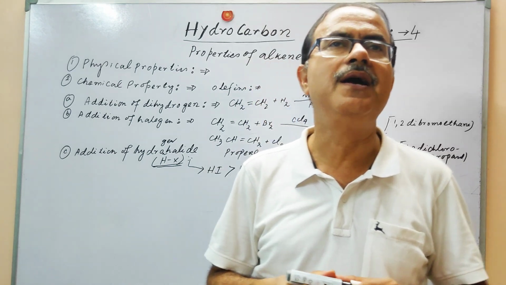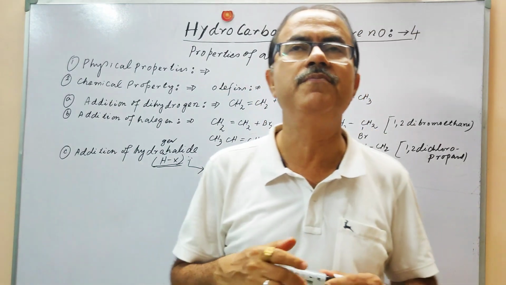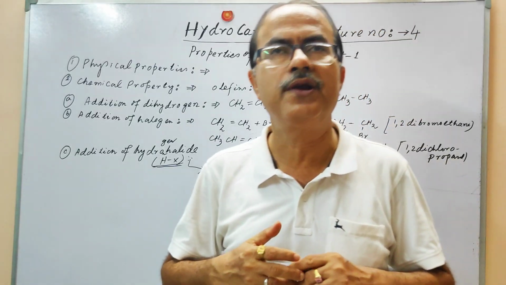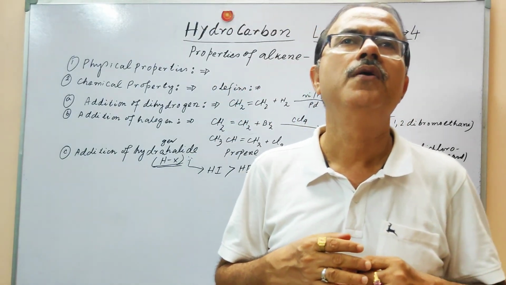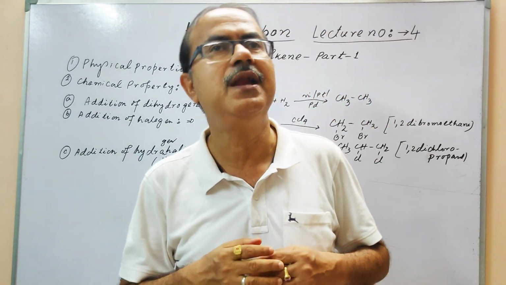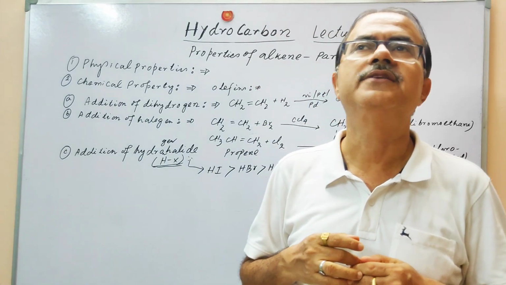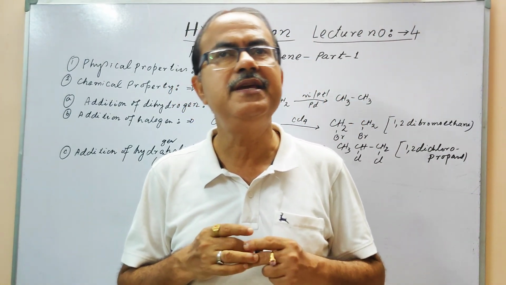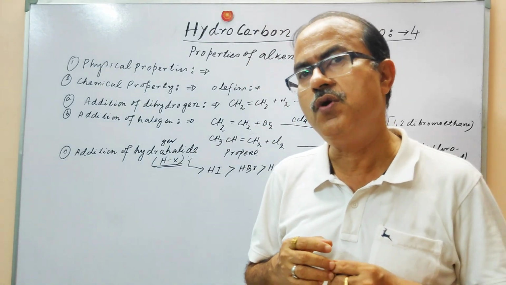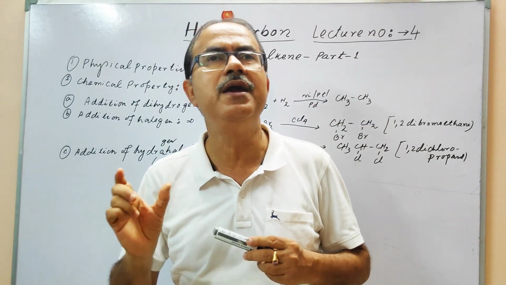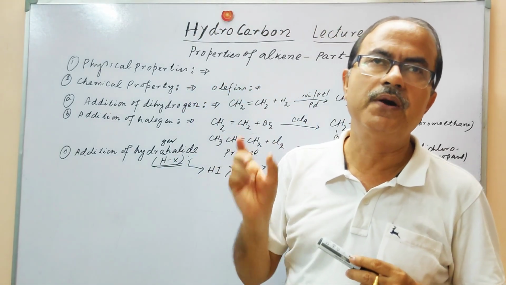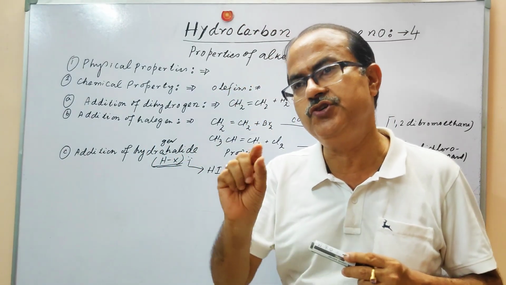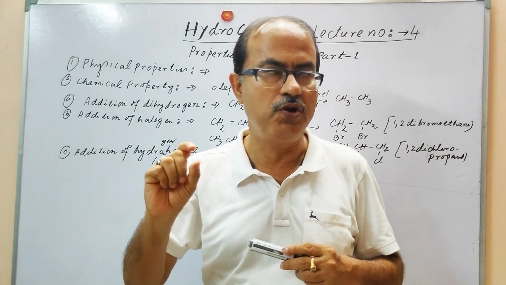So now we discuss these reactions, which are very important. They form different types of products when we add these hydrogen halides to symmetric alkenes and unsymmetric alkenes. Symmetric alkenes are those alkenes where you find the same group, or the same number of hydrogen atoms, on both the carbon atoms of the double bond.